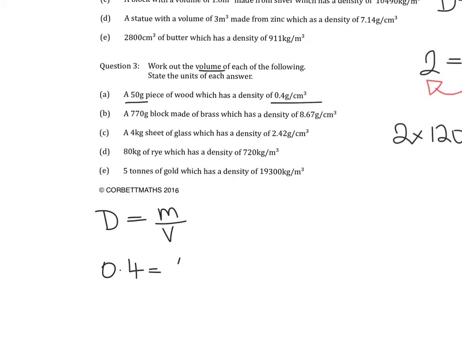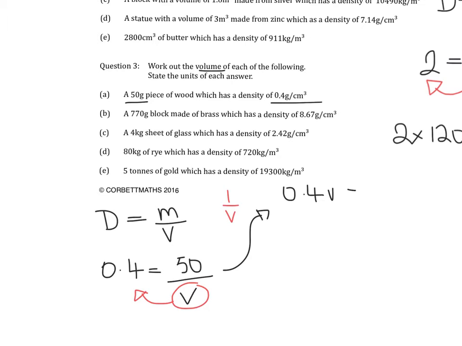The mass is 50 over volume. Okay, so there's a few more steps in this one. First thing I'm going to do is, I can't move the 50 over because that would then leave me with 1 over v, and I don't want that. I'm going to move the volume across. I'm going to do that by multiplying.